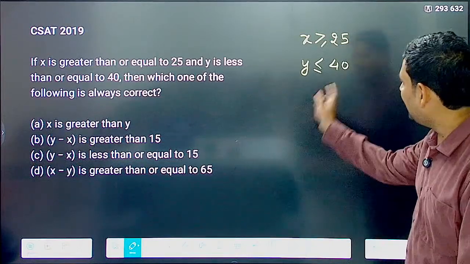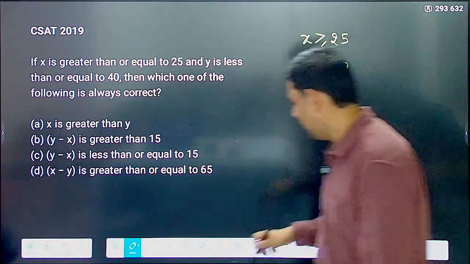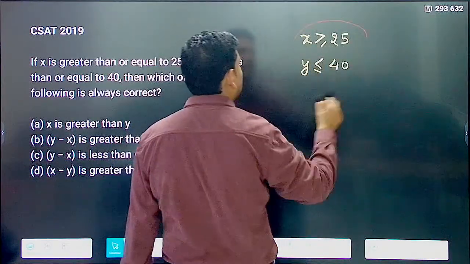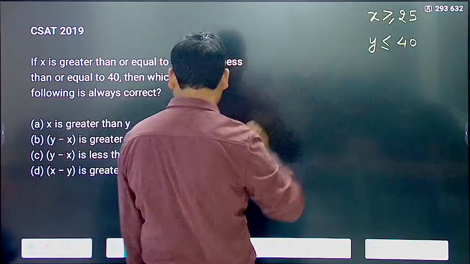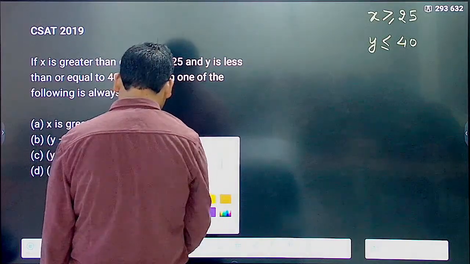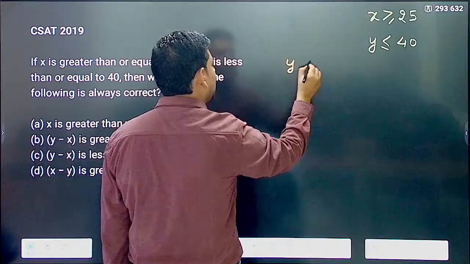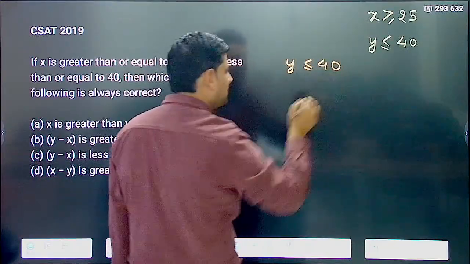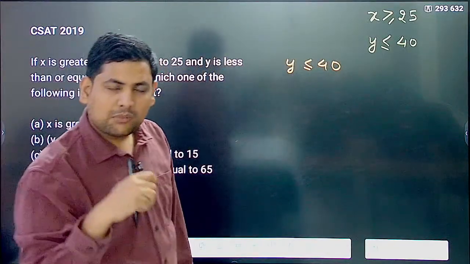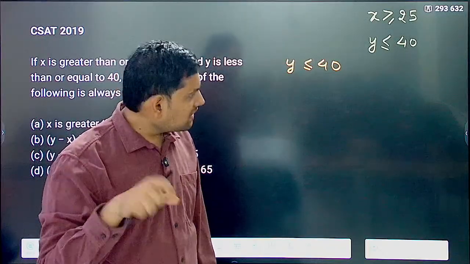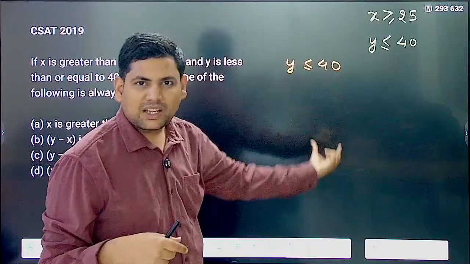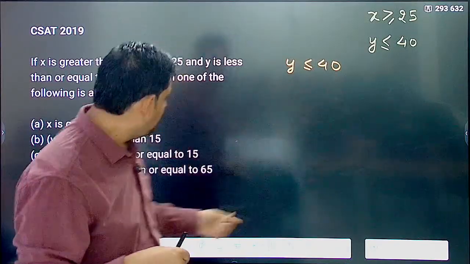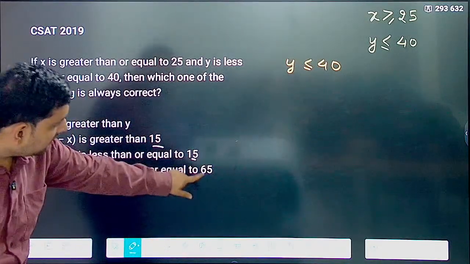So first I convert this to the same side. See, y is less than or equal to 40. I like this, 40 is a bigger number. So I will try to change the sign for x, so that I get 40 minus 25, because all the options use positive numbers.